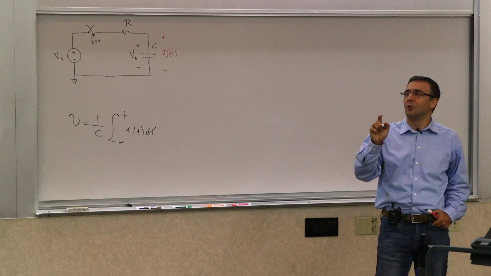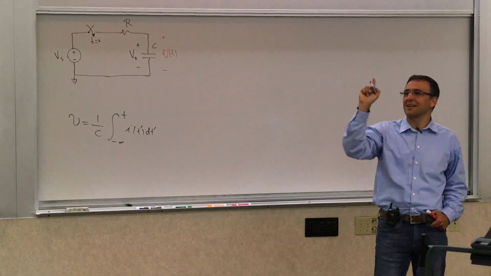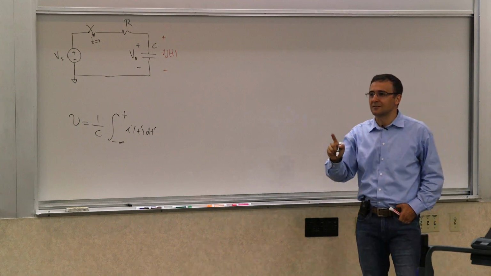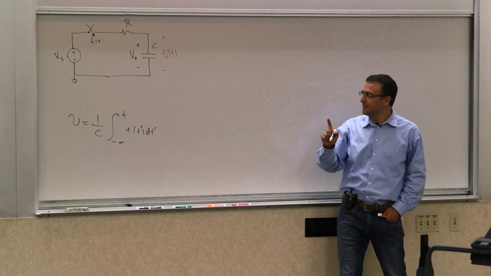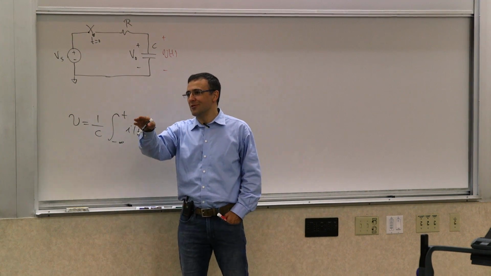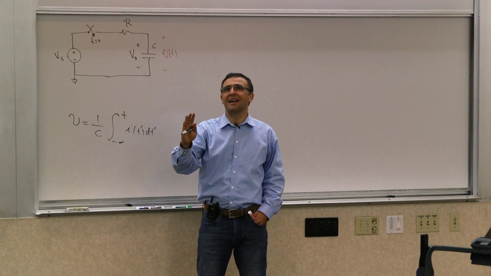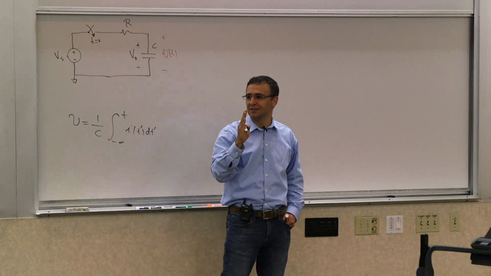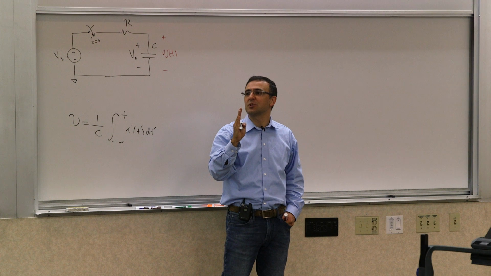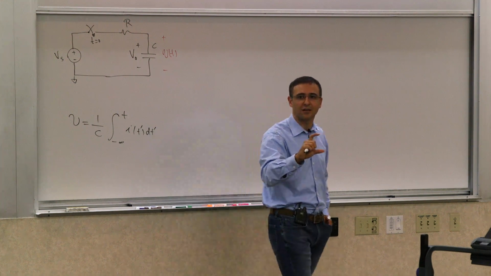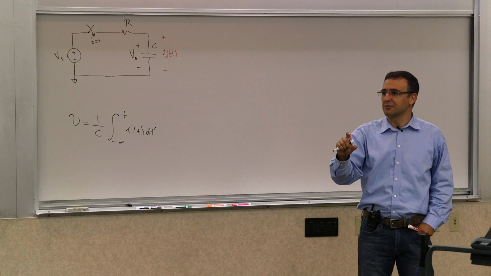Okay. Yes, in the back? You have to have like an impulse of current. Right, you have to have infinite current. Think about it. This is an integration process, right? So the question I'm asking is, if it is going to happen over an infinitesimal time, how much current do you need for an instantaneous change? You need infinite current because it's being integrated, right?